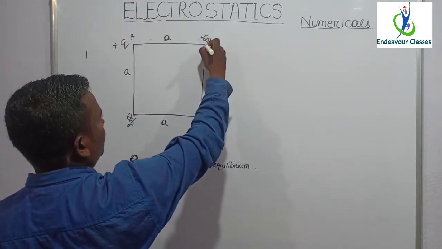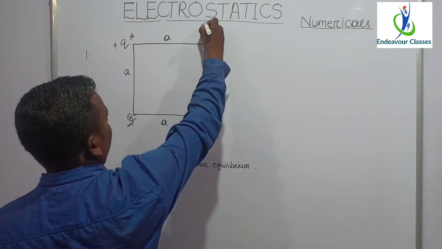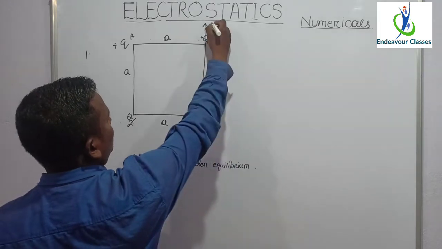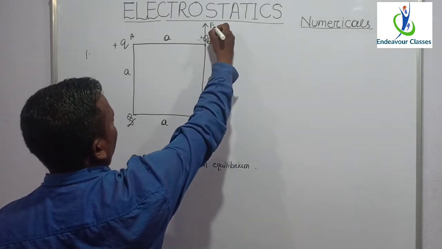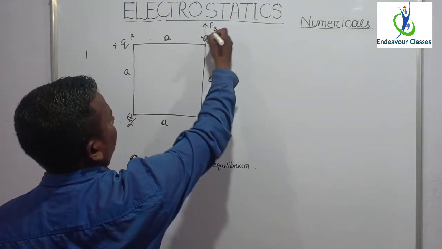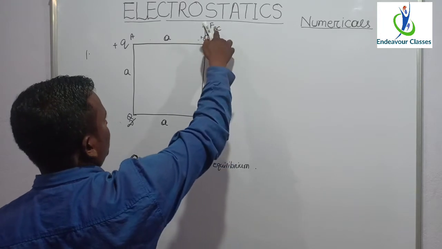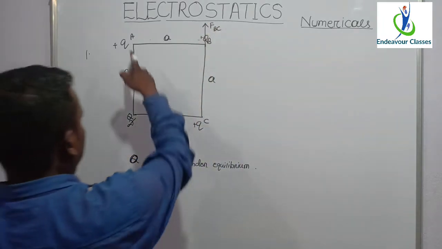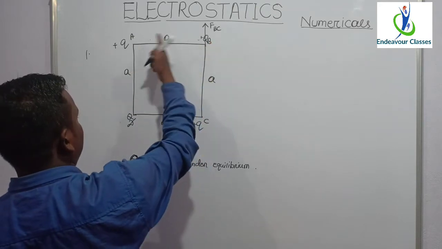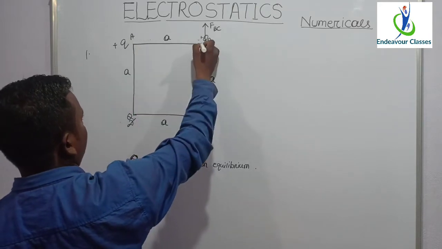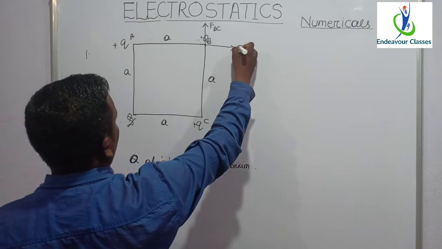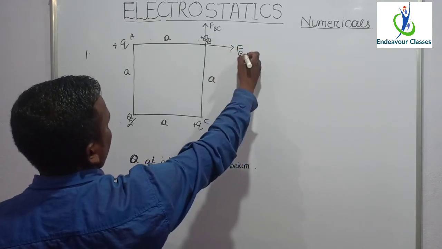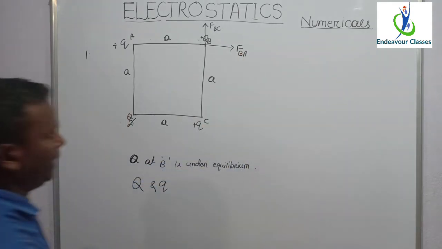So the charge plus Q will experience a repulsive force due to this plus Q located at C. Let this be FBC, the force on the charged particle located at B due to the charged particle located at C. Again, it will experience another repulsive force due to this plus Q, the force on the charged particle located at B due to the charged particle located at A. So this will be FBA.